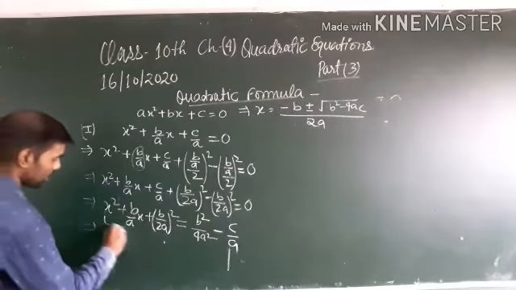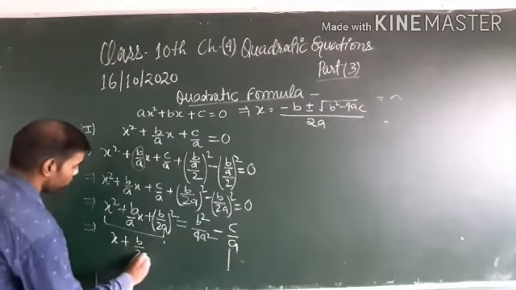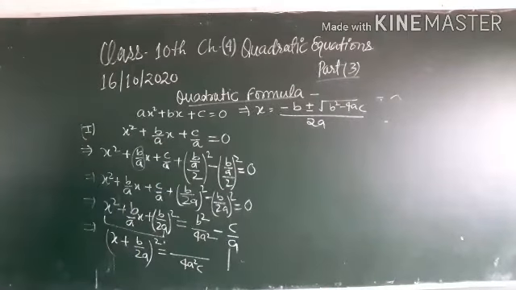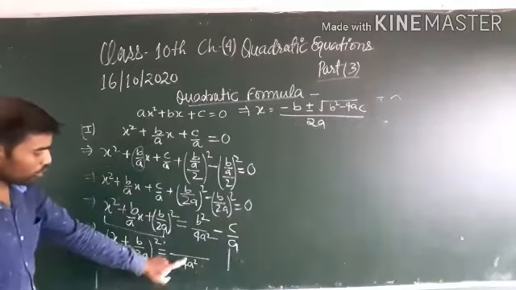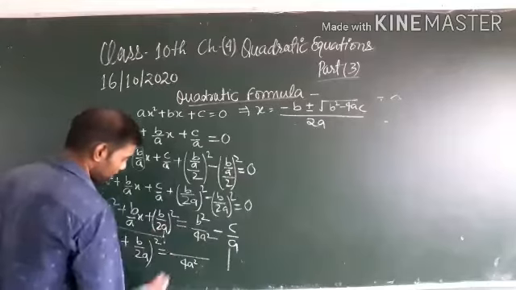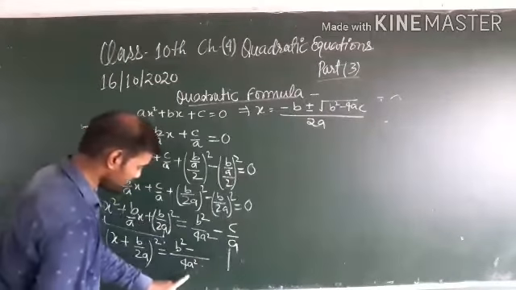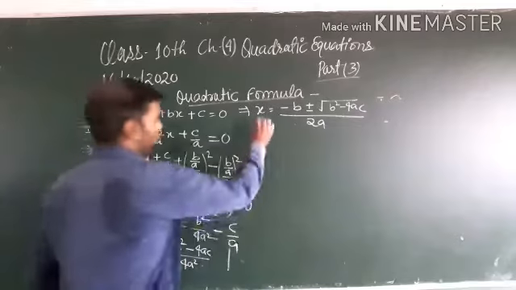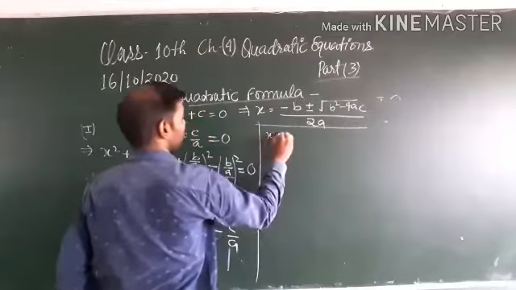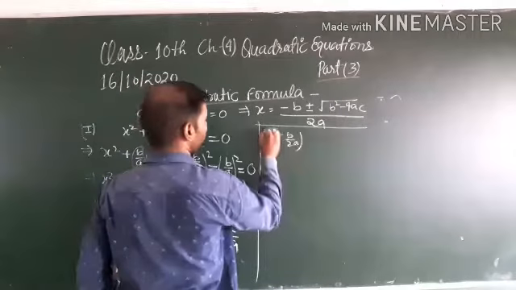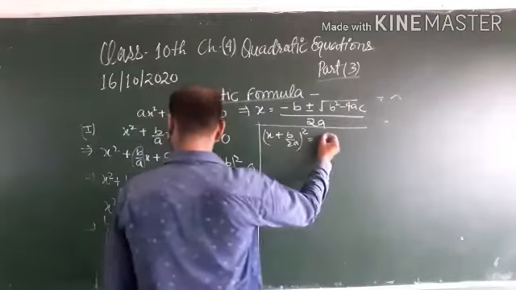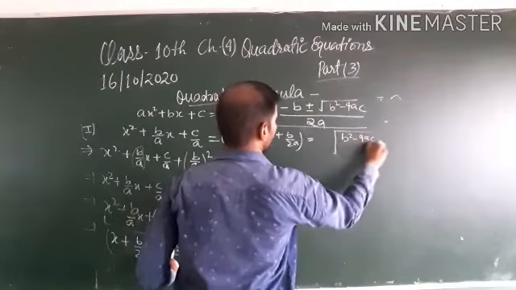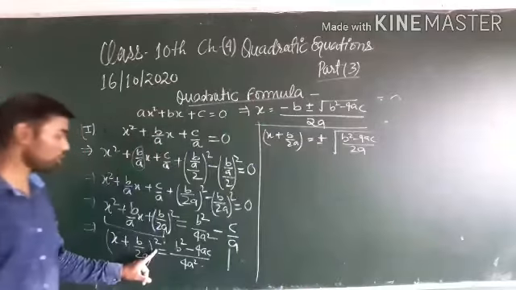So we get x plus b by 2a to the whole square is equal to, taking LCM 4a square, b square minus 4ac upon 4a square. So x plus b upon 2a to the whole square is equal to b square minus 4ac upon 4a square. Taking the square root, this is plus and minus because here it is squared and here it is not.